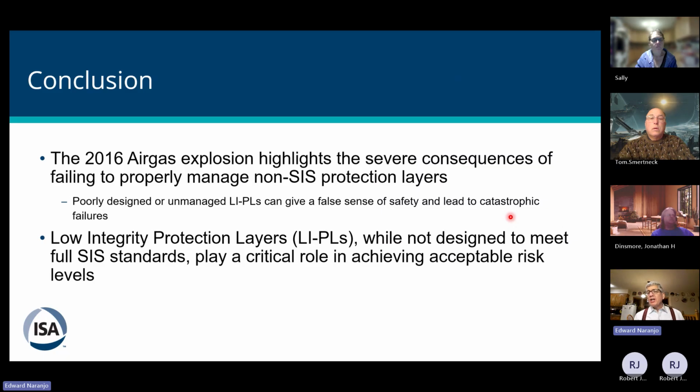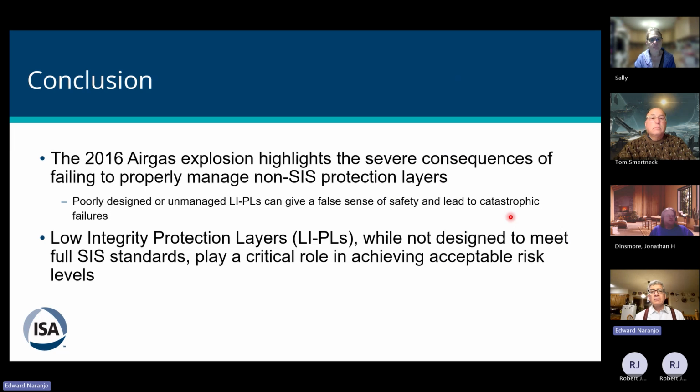So what have we learned? First of all, I think that this Airgas explosion just highlights the consequences of these setups involving low integrity protection layers. Having a non-SIS protection layer is not in itself a way to avoid going through some rigorous treatment of process safety.